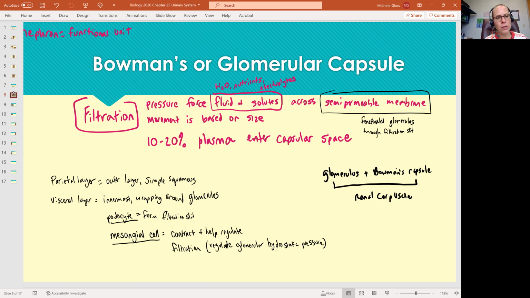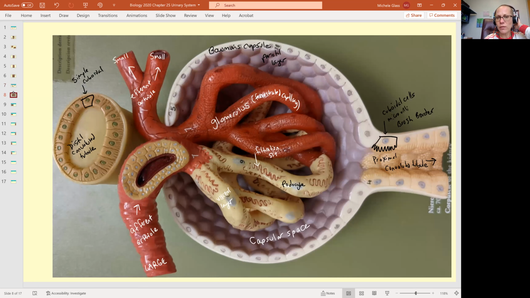If we go back to this diagram, remember we're seeing the afferent arteriole entering into the glomerulus. The glomerulus is surrounded by the Bowman's capsule. We see the blood is exiting out of the efferent arteriole. We can see the visceral layer, those podocytes firmly wrapping around the glomerulus. And then we have, of course, that capsular space in between the glomerulus and the Bowman's capsule. We've labeled the exit of the capsule as the proximal convoluted tubule. And then folded up, coming around in between the afferent and efferent arterioles, we see the distal convoluted tubule.